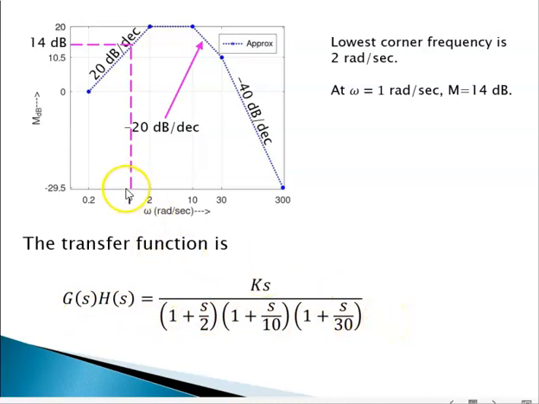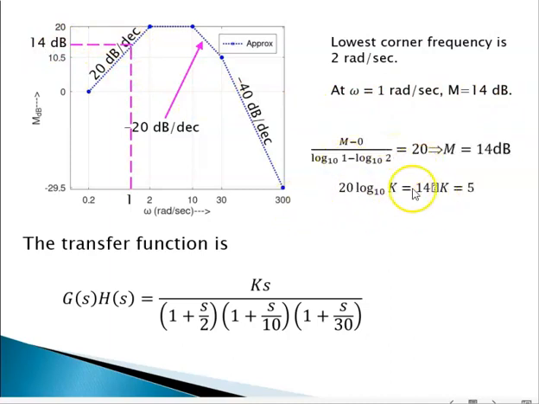So at 1 you read the value. We chose this 1 because it has to be less than the lowest corner frequency. Here it has 14. So at omega equal to 1, m is equal to 14. Therefore 20 log k is equal to 14, which implies k is equal to 5.